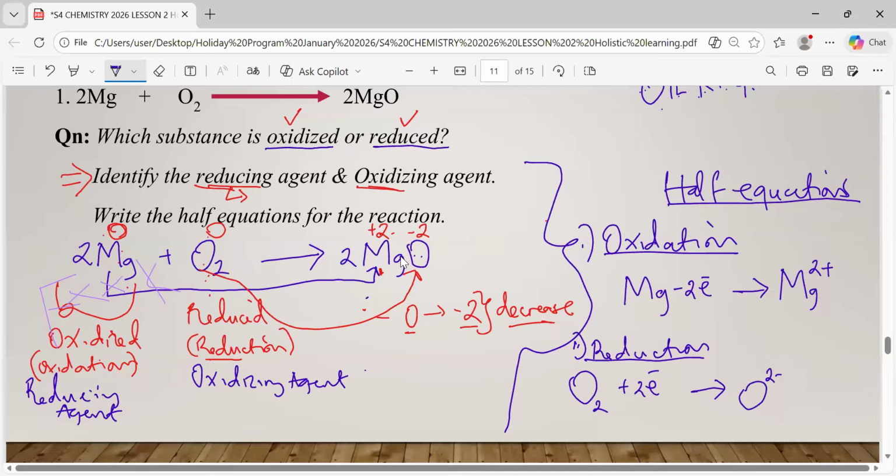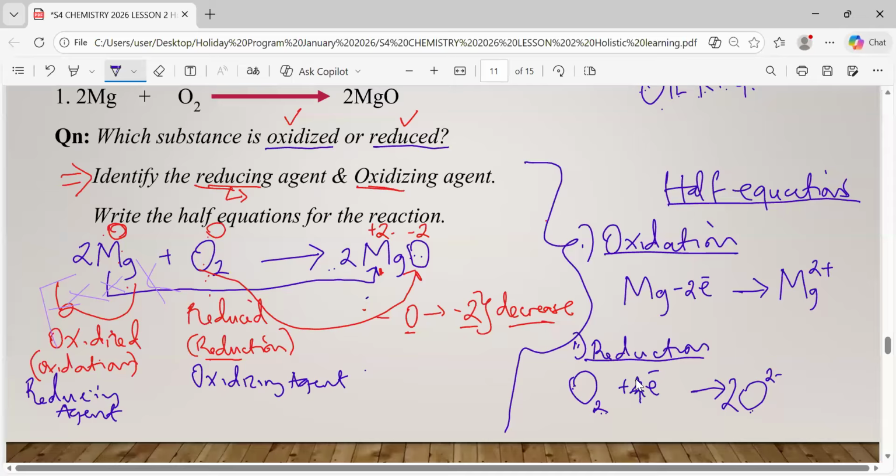oxygen atoms. So because there are 2 oxygen atoms, we can balance our equation here. When you balance the equation, 2 oxygen atoms, even here we put a 2. So when you put a 2 here, the electrons are also going to change. Because if only one atom gains 2, now if there are 2, they will gain 4.